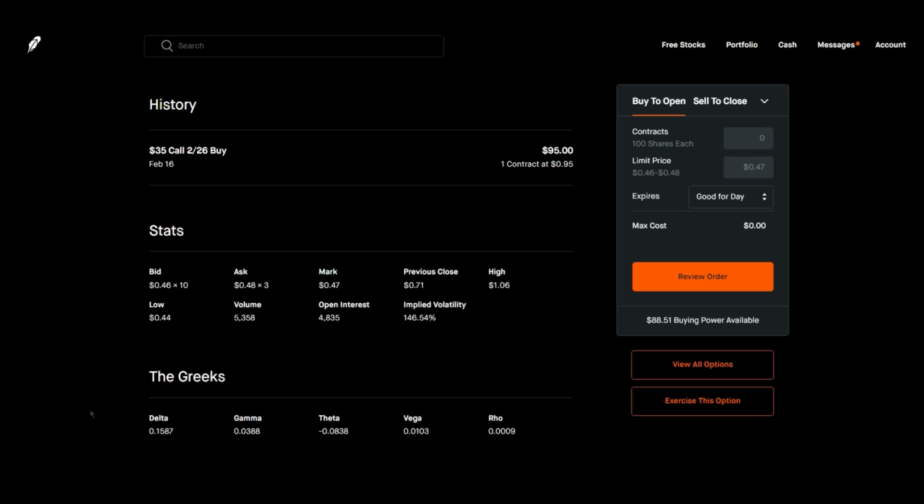The Greeks are a really great way to understand the different dimensions of your ranges and your risks and your rewards. And it's really important for newer options traders to understand that it's not something they're necessarily going to be using constantly while they're options trading, but it is going to be something that impacts their day-to-day.